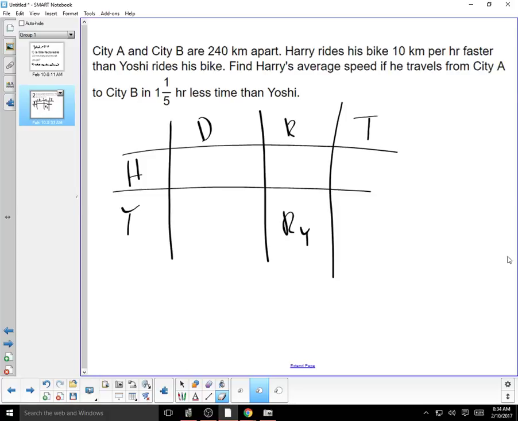My bad. Hold on. So actually, who rides faster? Harry does, right? So this guy's rate plus 10 would equal the rate of Harry, right? Okay.